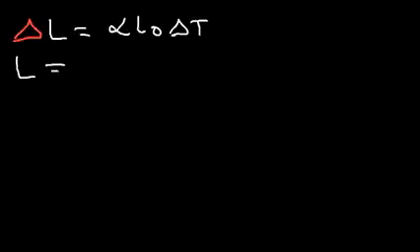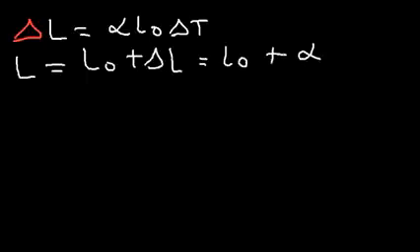But if you want to derive the equation, here's what you need to do. So we know that delta L is equal to alpha L0 delta T. And the new L value is L0 plus delta L, where delta L is alpha L0 delta T. So we can factor out L0.